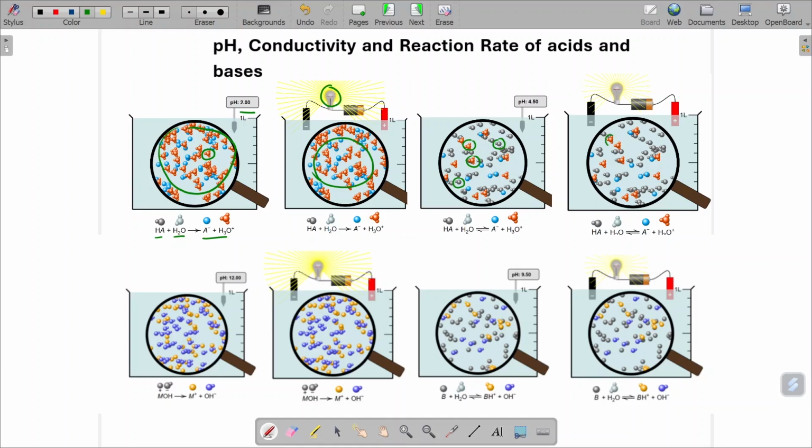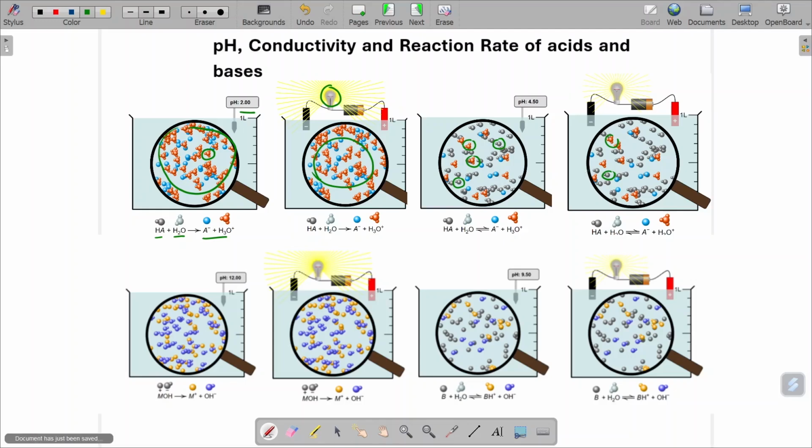Because we have a smaller amount of ions and more molecules that are neutrally charged, the conductivity of this solution is much less because there are fewer charge carriers that can put charge into the external circuit.